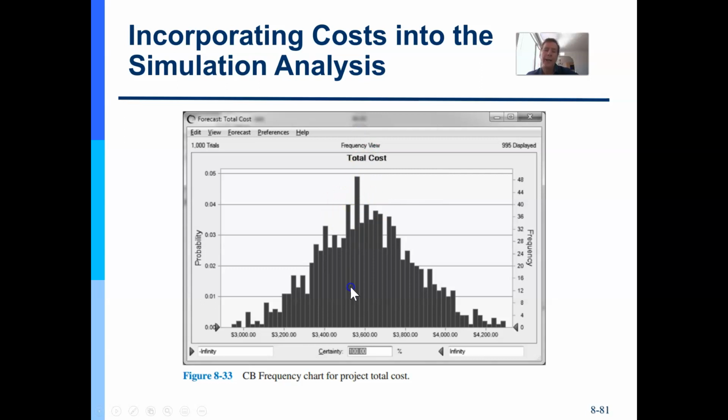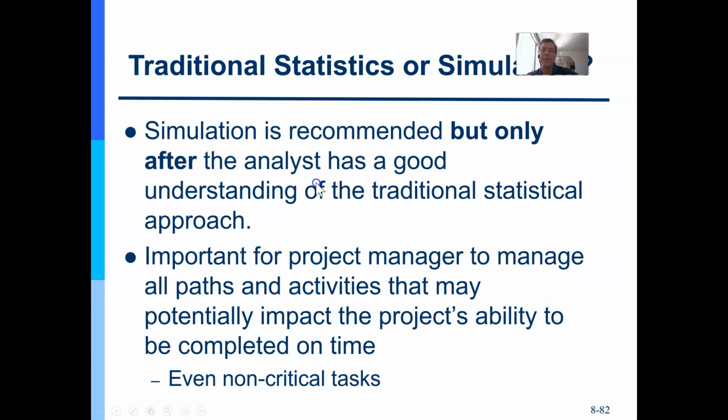So we can count on that in terms of cost using our PERT estimates. This is what the simulator is also going to give you. Now, simulation is recommended, but only after we've done our own due diligence in developing our schedule and cost estimates. We want it to affirm, not to create for us, right?